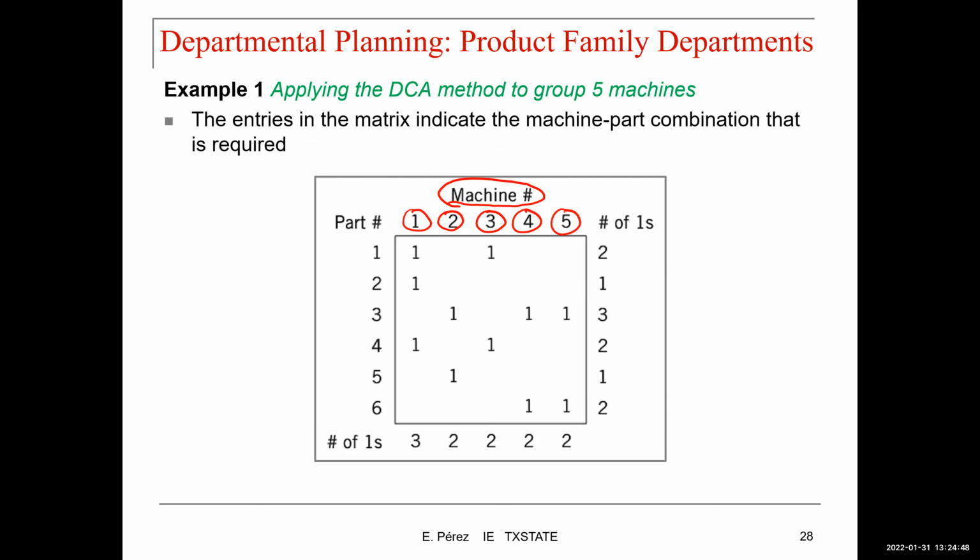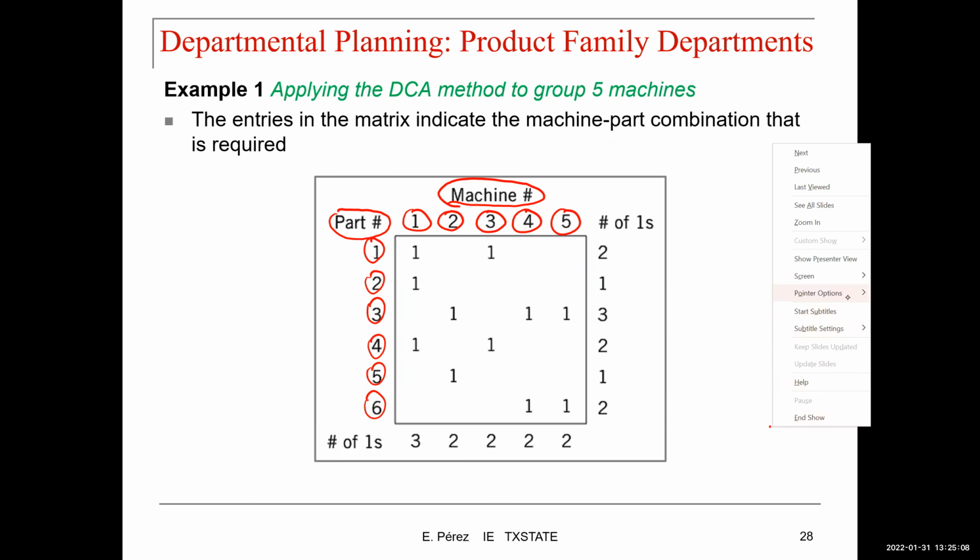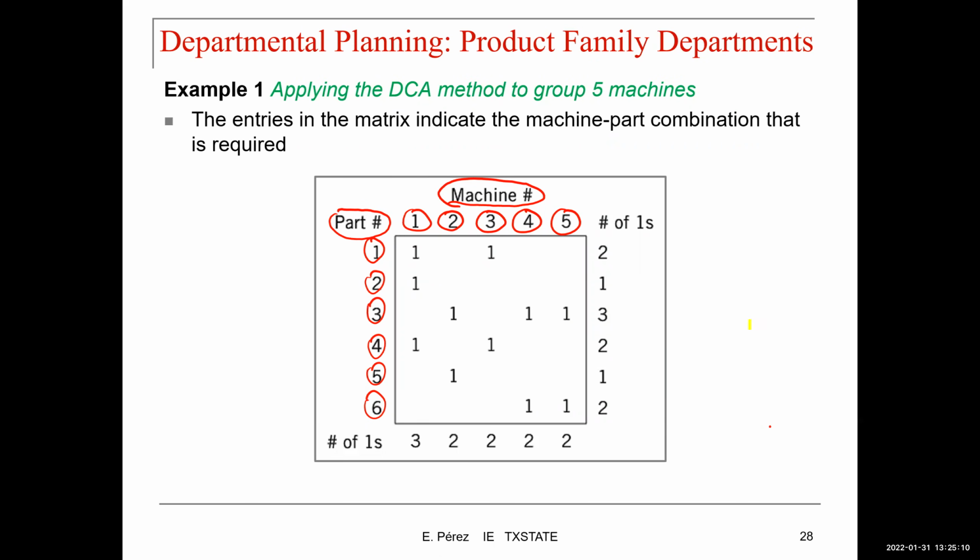Then we have a part number here, and we have 6 parts. You can see that part 1 has to go through machines 1 and 3.